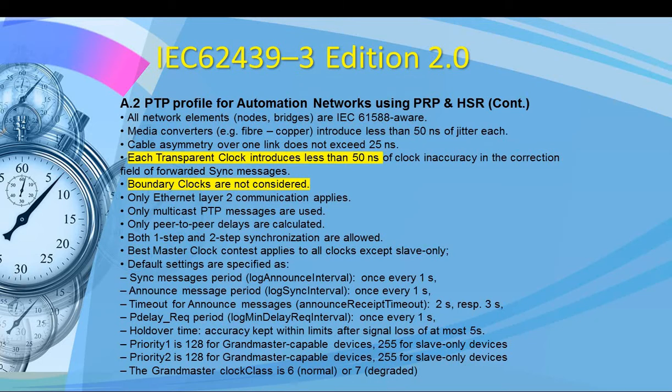For the Grandmaster, the clock class is 6 in normal operation and 7 in holdover mode. The holdover accuracy should be kept for at most 5 seconds. This is version 2.0.